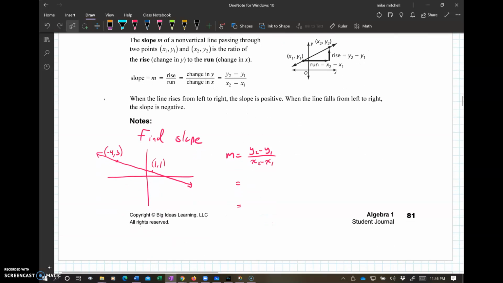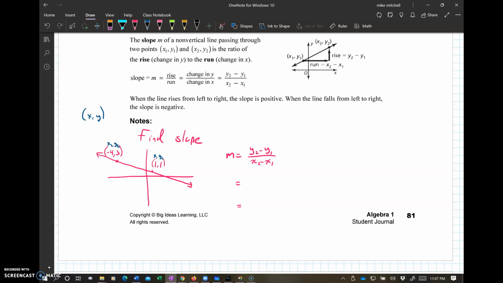Finding the slope over here. I recommend labeling your points. Come over here. Label them. I like to do x1, y1, x2, y2. Doesn't matter which one you call x1, y1, x2, y2. But remember, it's got to be the x and the y together. It's not x1, x2.